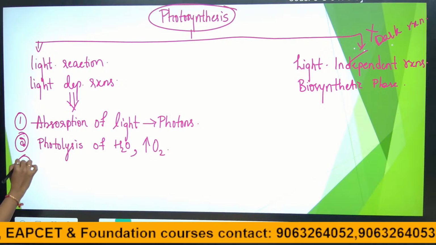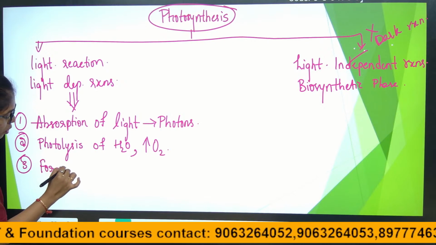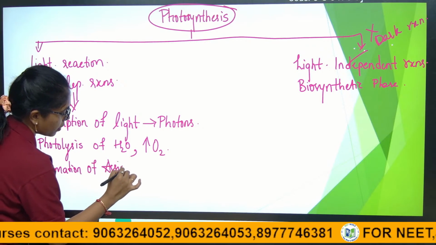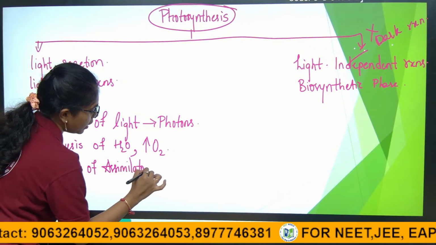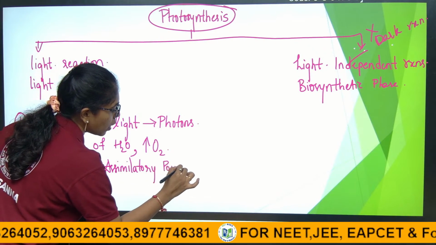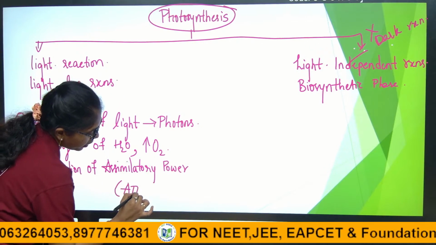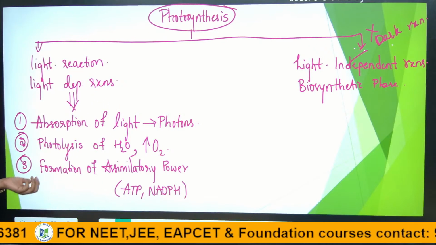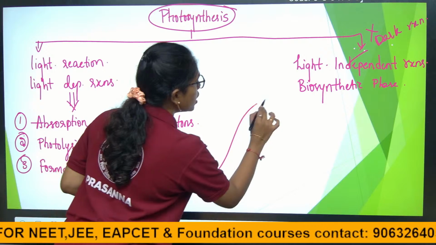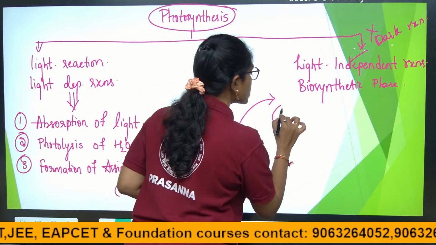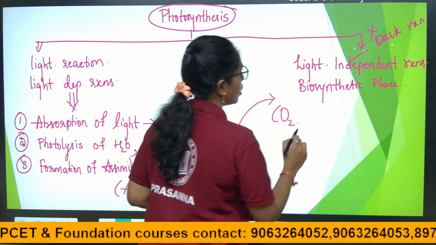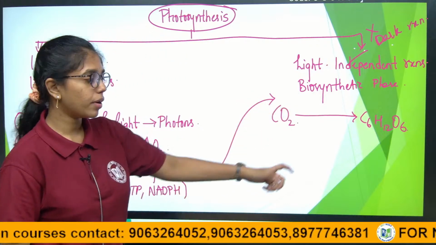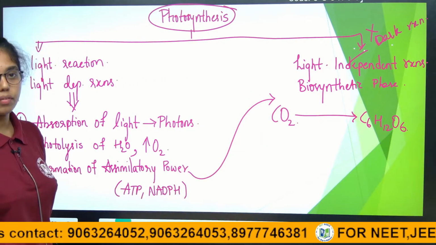And third is formation of assimilatory power. Assimilatory power means what? Both ATP and NADPH, okay. So this assimilatory power is utilized to fix carbon dioxide, or to reduce carbon dioxide into glucose.